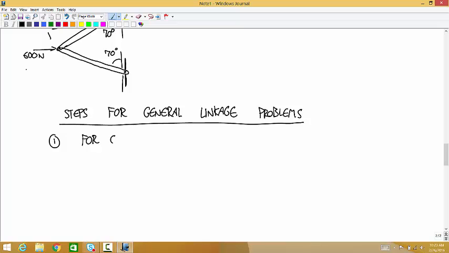For each member, do the rigid body analysis that we've just finished talking about.